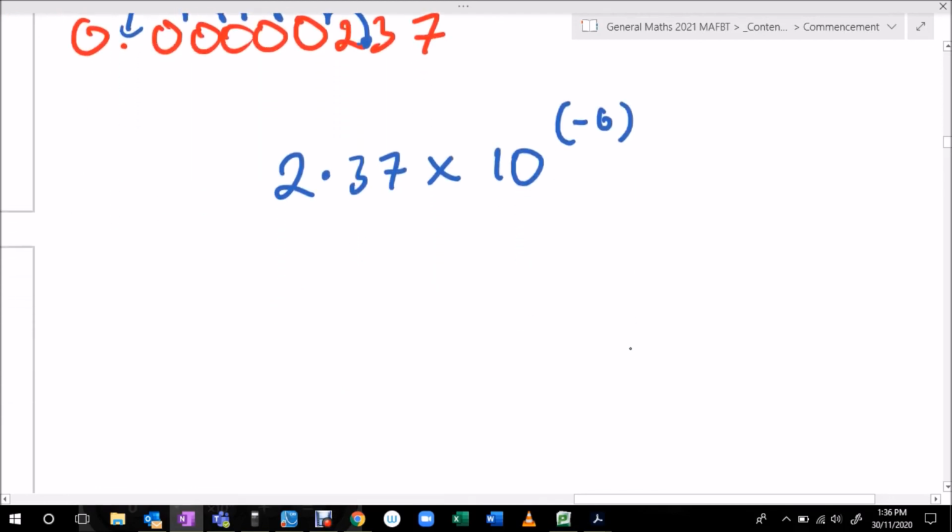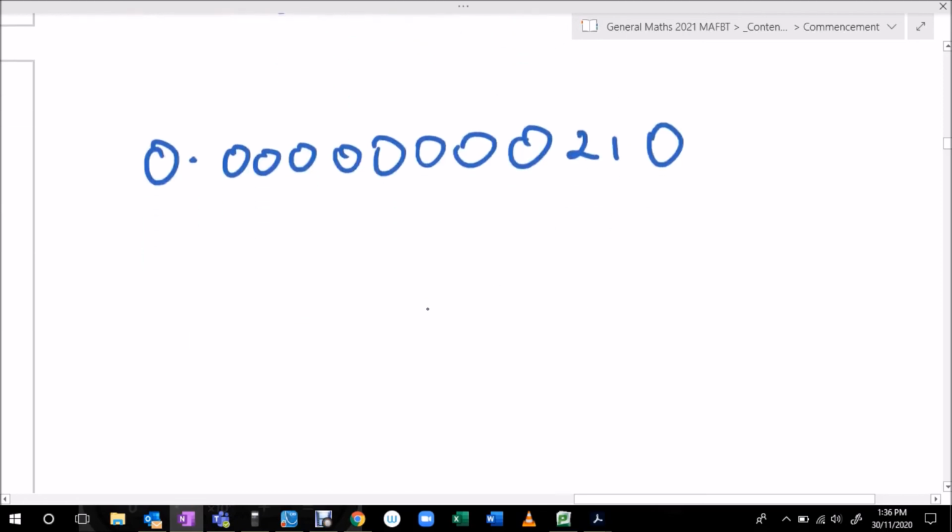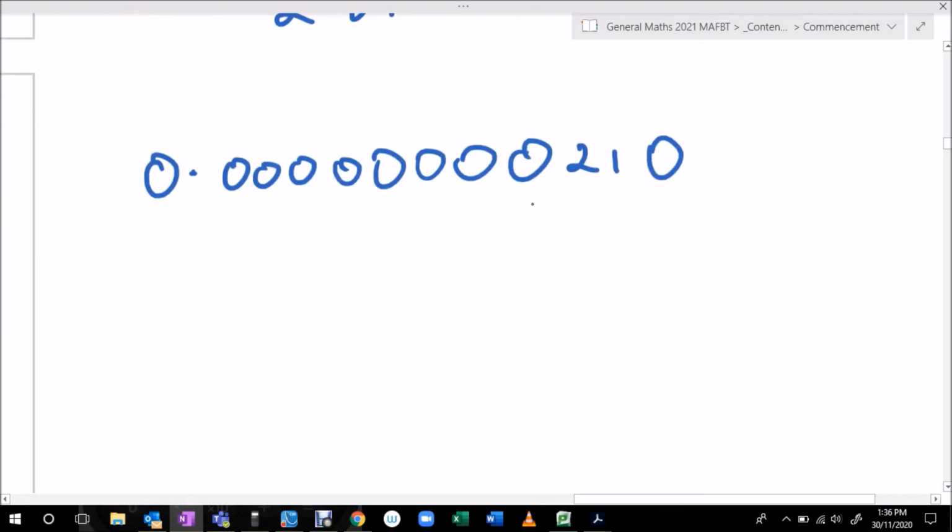One more example. Let's go 0.00000000210. The first thing you need to do is put your decimal point right after the first number that's not a 0. So right there. So your first number is going to be 2.10.